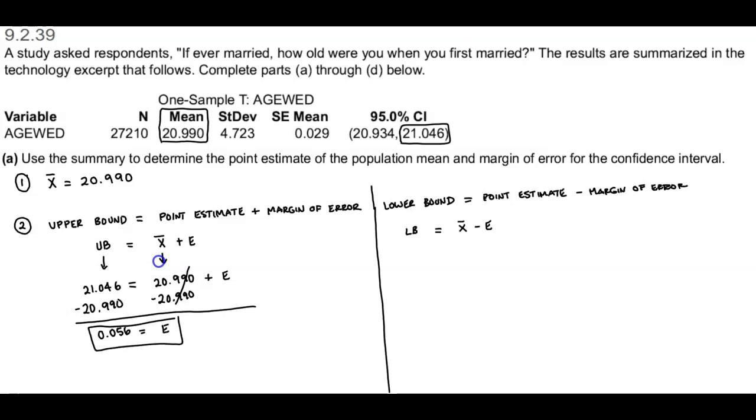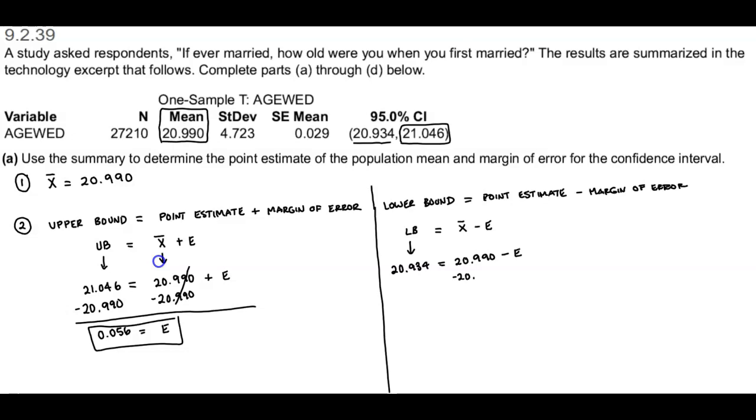Now let's verify that the lower bound gives us the same thing. The lower bound we know is 20.934. We know our point estimate is 20.990, and we subtract the margin of error.